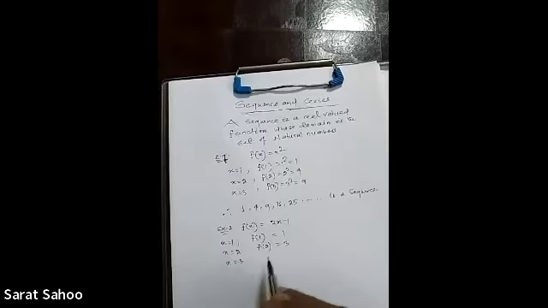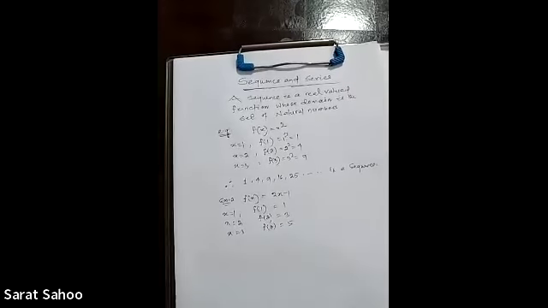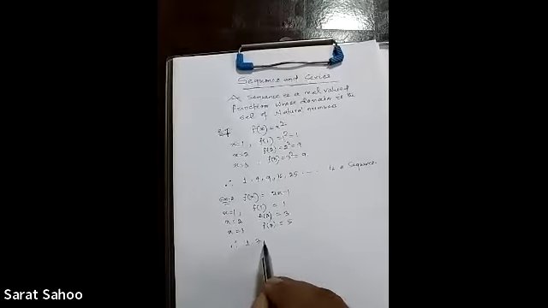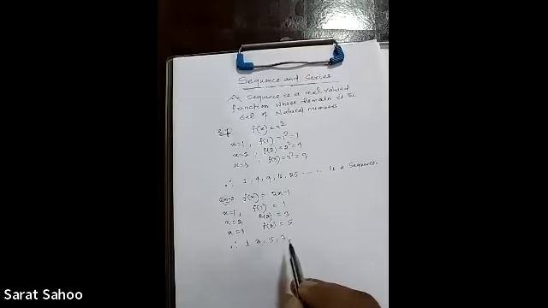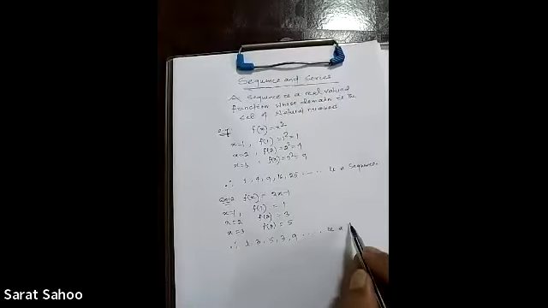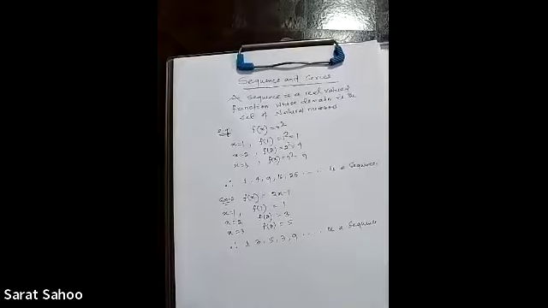For x is equal to 3, f of 3 is equal to 5. Thus 1, 3, 5, 7, 9 is a sequence. Crudely, we can say that if the numbers are written in a definite pattern, then it is called a sequence.